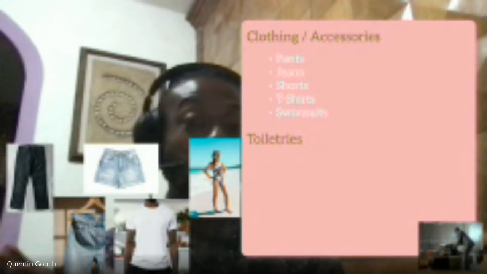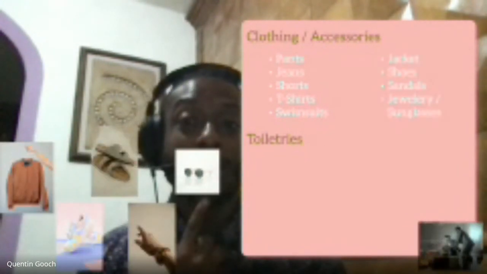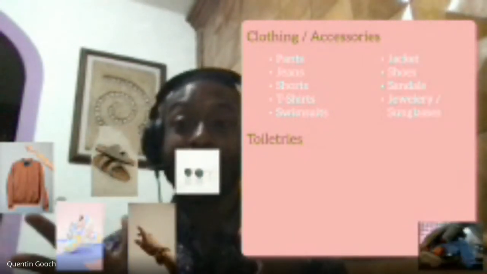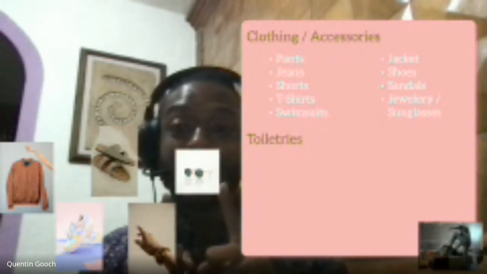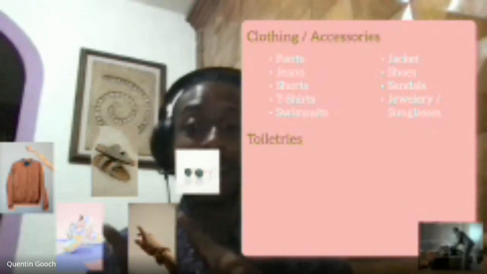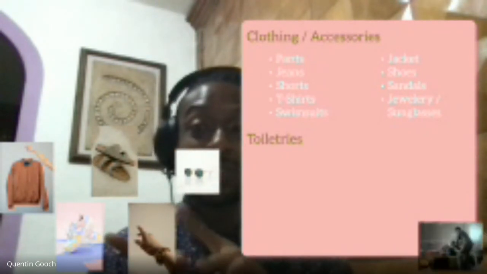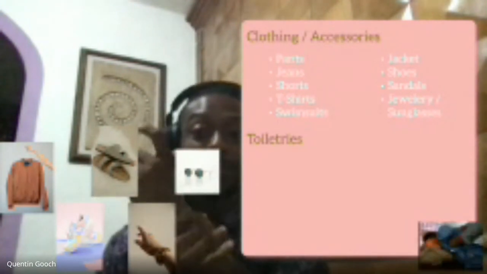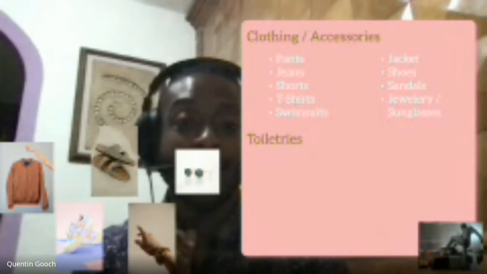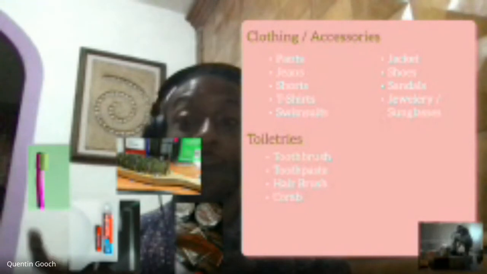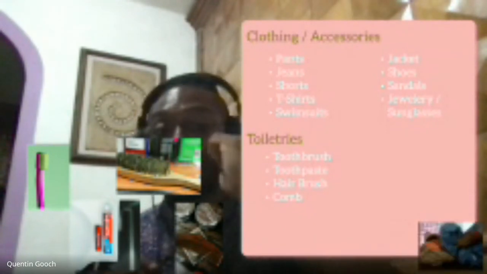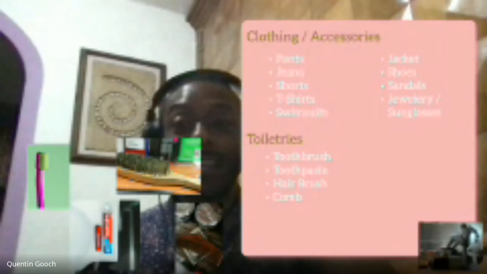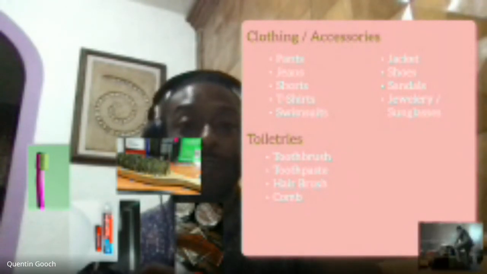Or maybe things like jackets, sandals, sunglasses, sneakers or shoes, or jewelry. Oh, what about your toothbrush or toothpaste or a hairbrush or a comb? Maybe some of those things you might pack with you.